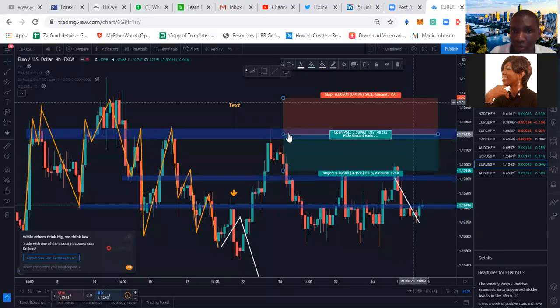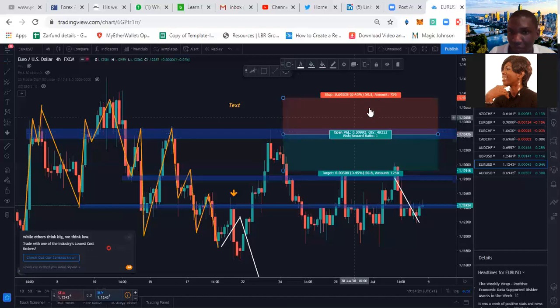You want to take a trade here, and then you can see it says here, risk reward ratio 1. So this helps you calculate what your take profit will be and what your stop loss will be. Let's take this for an example.